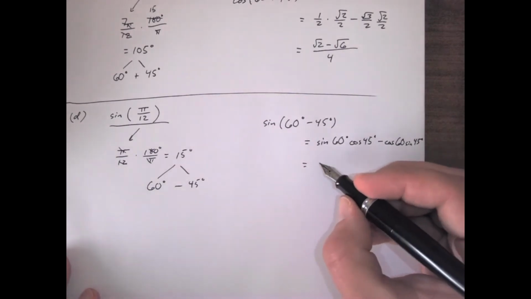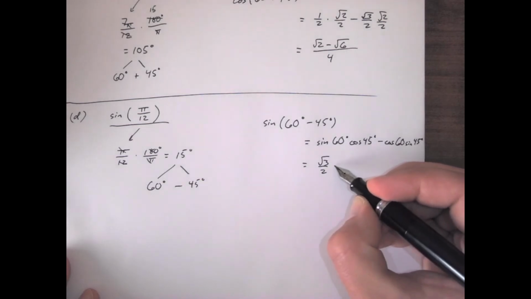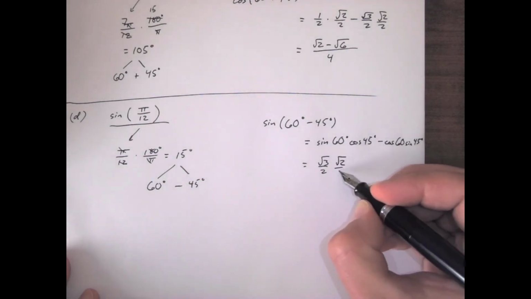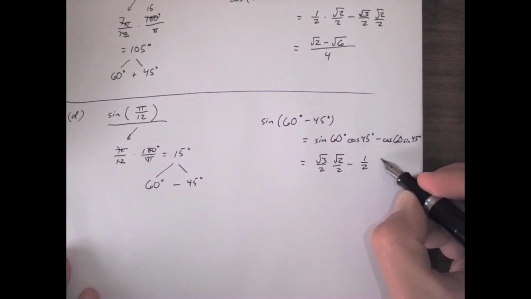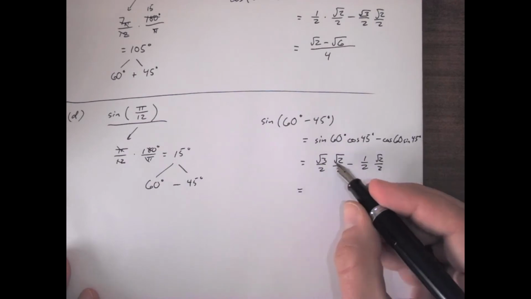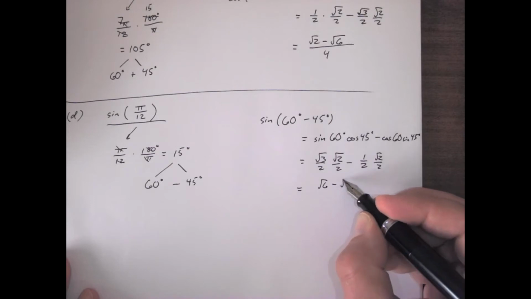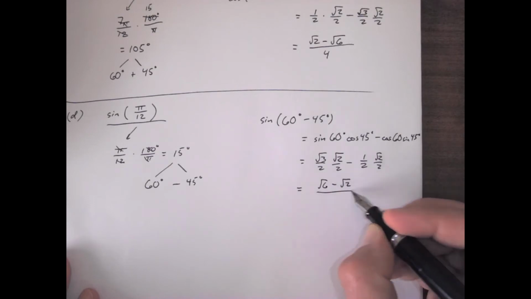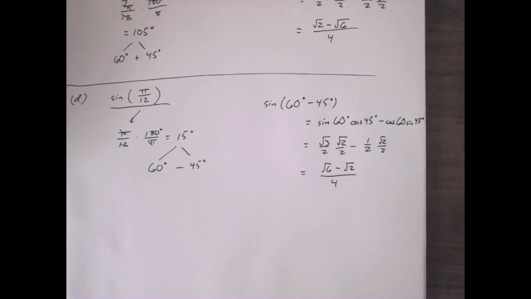So this is going to be sine of 60 is root 3 over 2, cosine of 45 is root 2 over 2, minus the cosine of 60 is 1/2, and the sine of 45 is root 2 over 2. So what do we have here? It's going to be root 6 minus root 2, and once again, this is all going to be over 4. It's a very similar result to what we've had before. Nothing too surprising here.